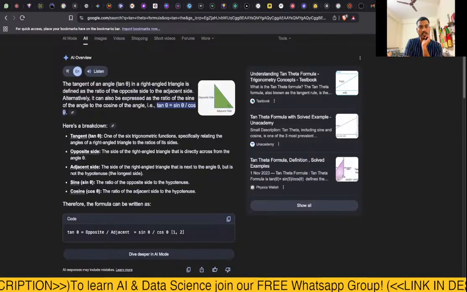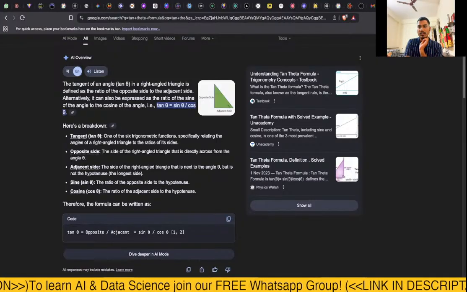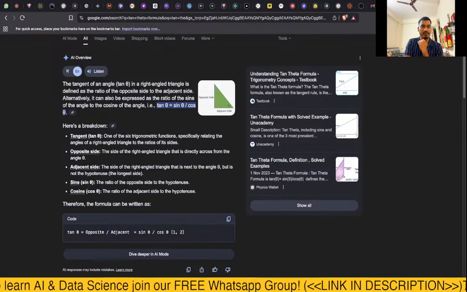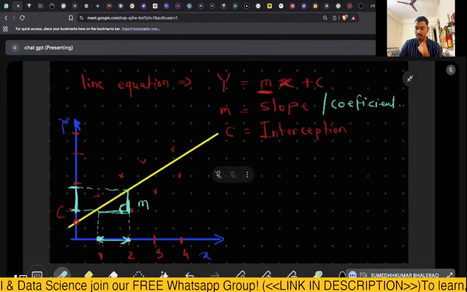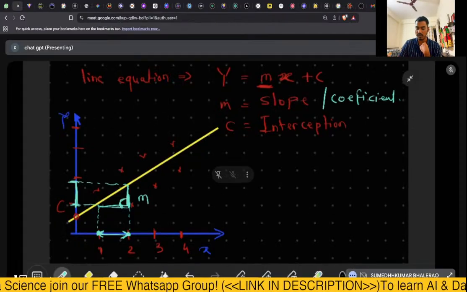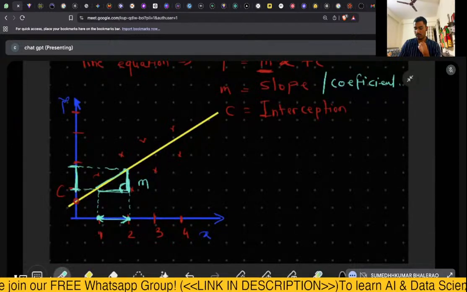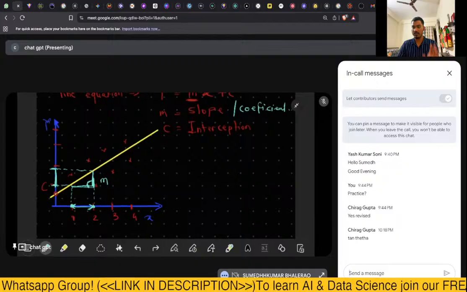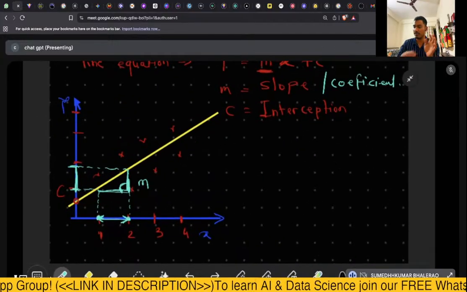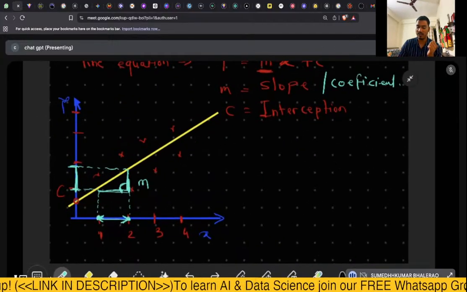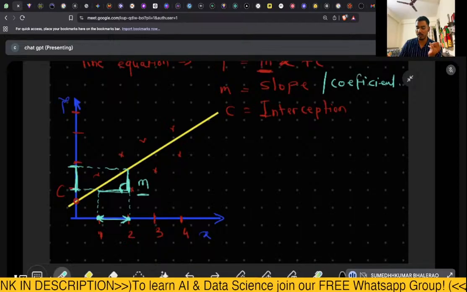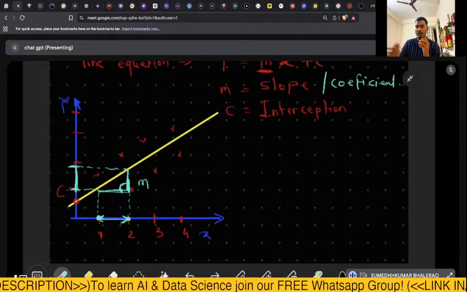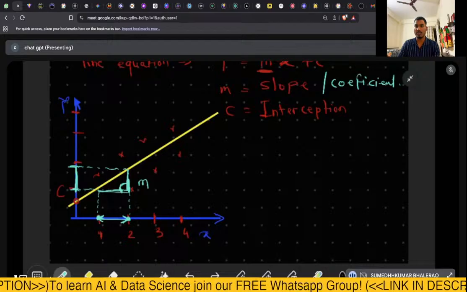Probably Chirag maybe. But as of now, let's understand. We don't really want to go there. We will assume this m value. I will explain this really quick.